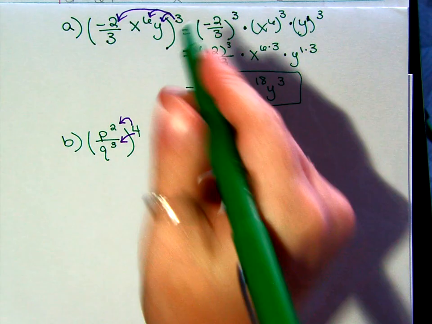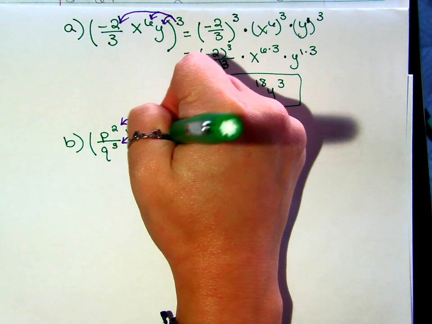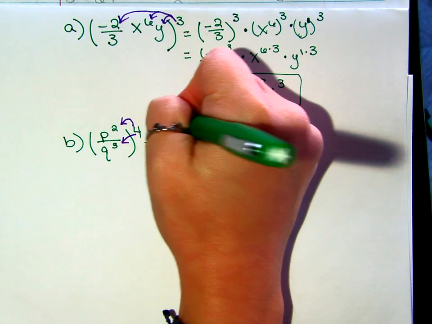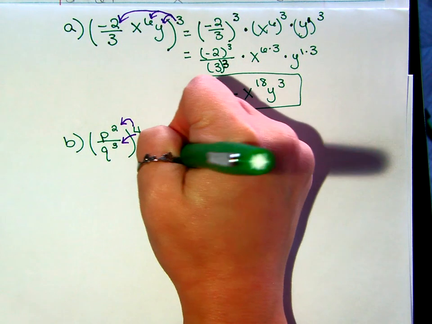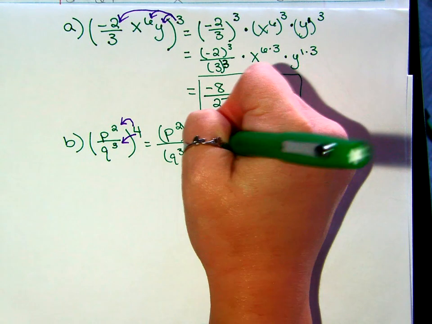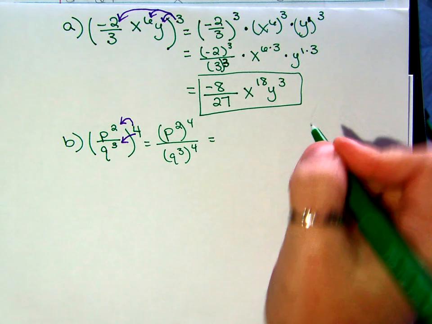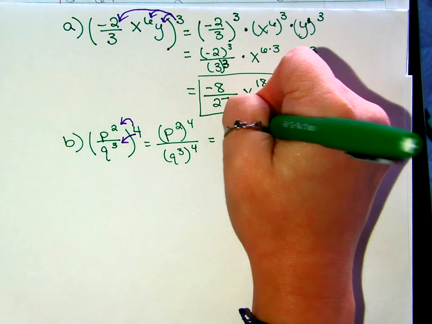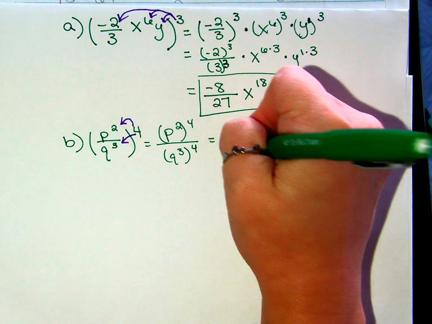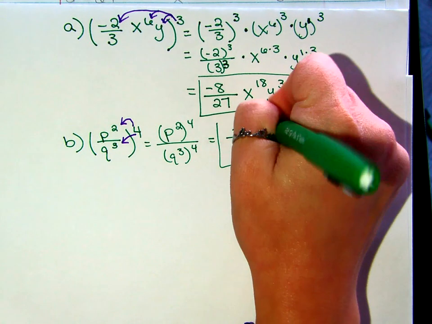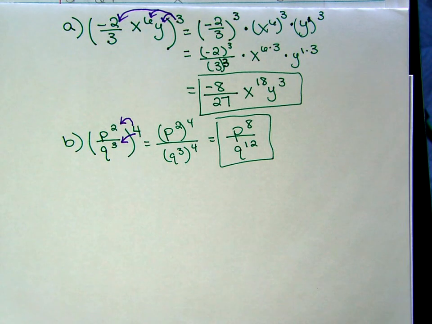That would be p to the second raised to the fourth over q to the third raised to the fourth. Using my power rules, I would multiply them together, giving me p to the 8th over q to the 12th. I can't simplify it any farther because the bases are different, so I can't do any type of canceling out. They're not the same thing.